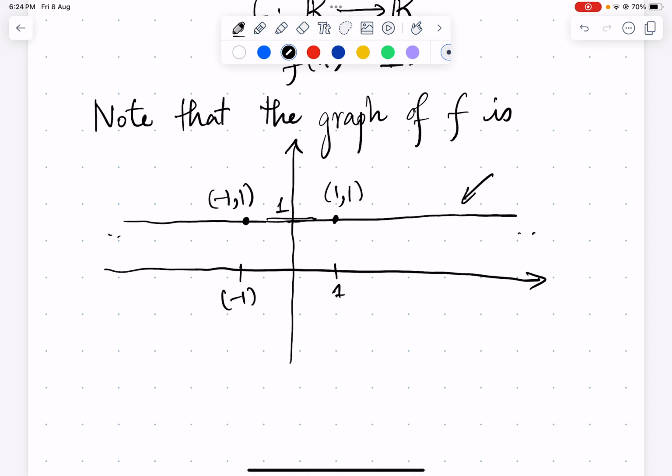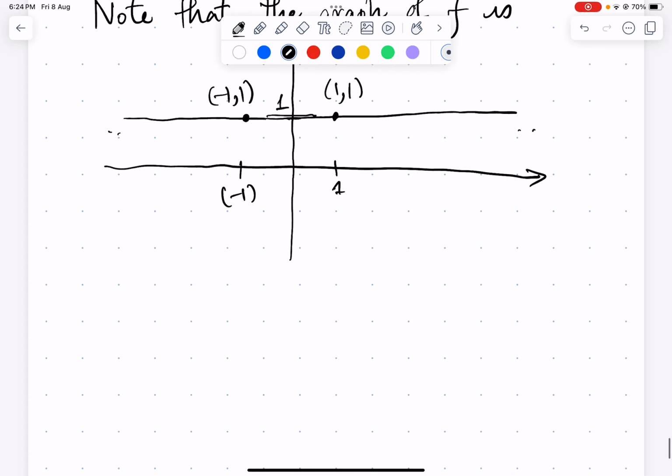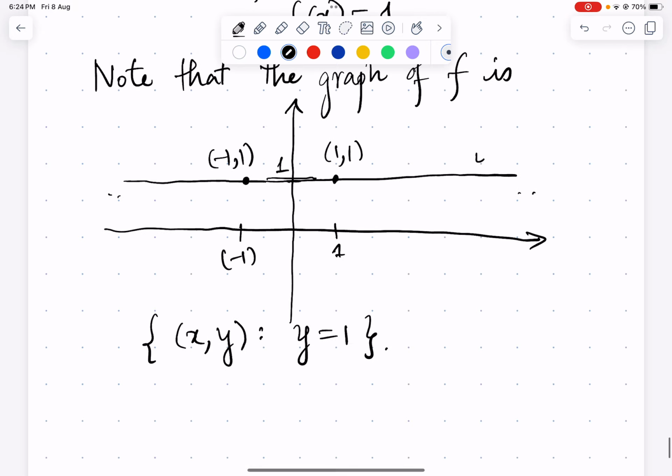So this is the graph of f. So the graph of f is the set x comma y, where y is 1. So we simply write y equals 1 to denote the graph of f.